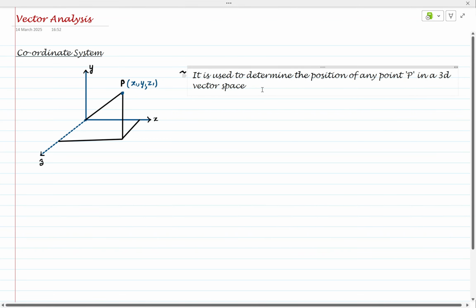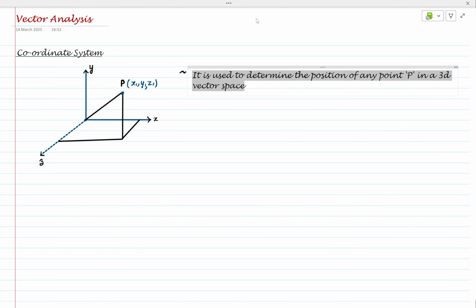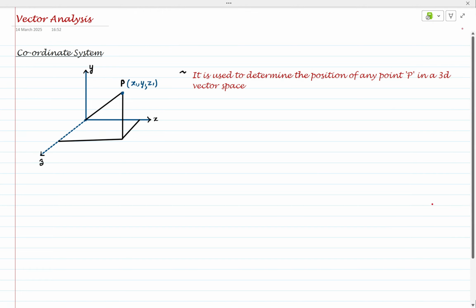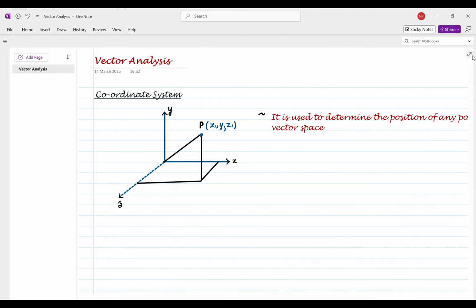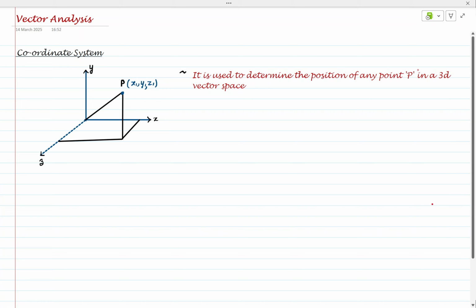Okay, and this definition is very much important. You have to remember it. That is actually the coordinate system.